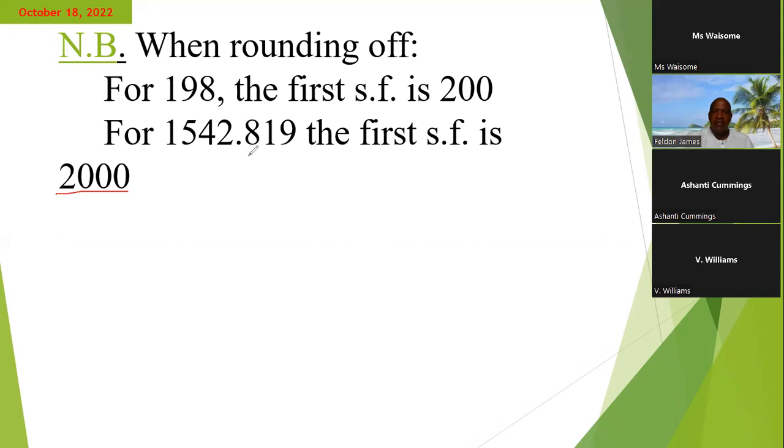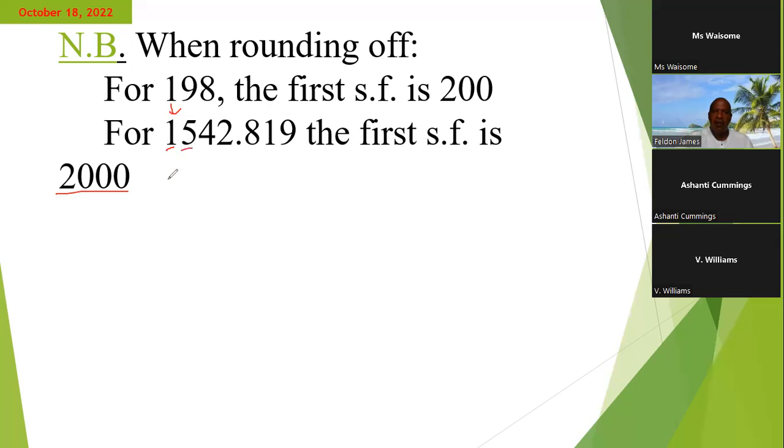Now, what you realize here is that for the first significant figure, we are just focusing on this first digit. So we look at the number that comes after, 5 or more.